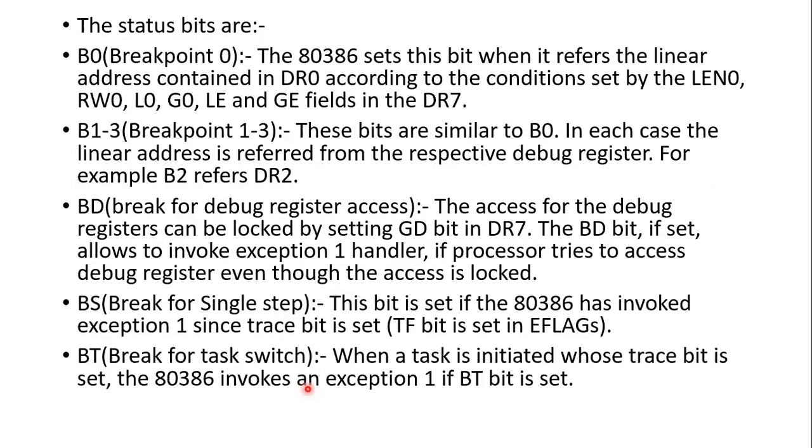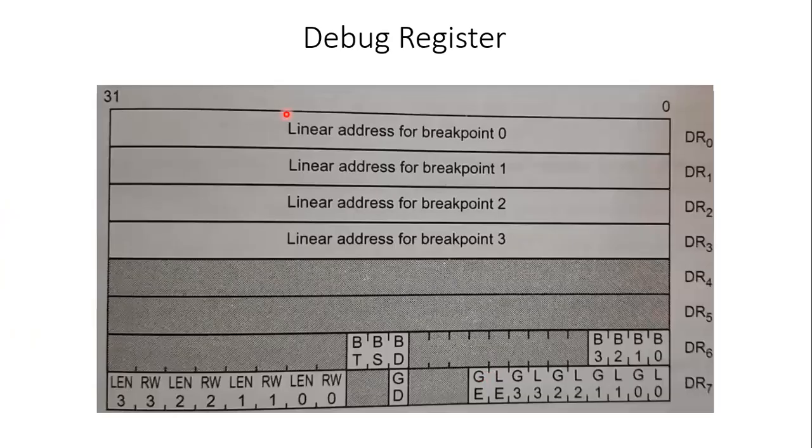Similar is the condition with breakpoints 1 to 3, that is B1 to B3. These bits are similar to B0. When breakpoint 1 is set, it will refer to the linear address contained in the DR1 register, because it is breakpoint 1, it refers to debug register 1.